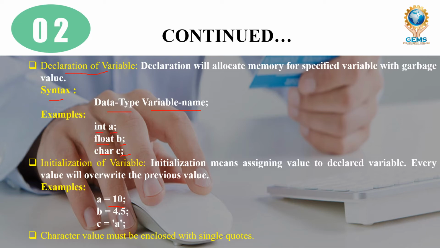Similarly, b has the data type float, so b has the value 4.5. Here I have given 4.5 because the data type of b is float. Similarly, c equal to 'a' in quotes, that is a character. So a character must be enclosed within single quotes. Kindly make a note of this point.